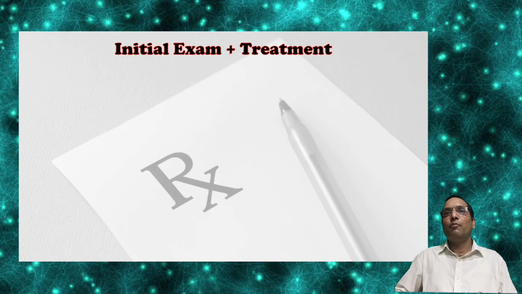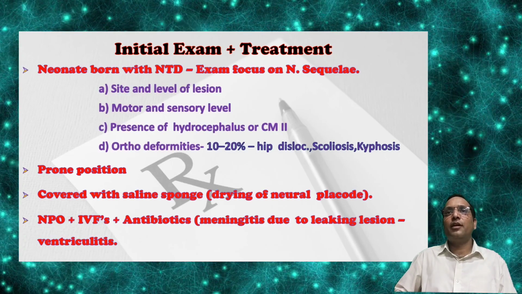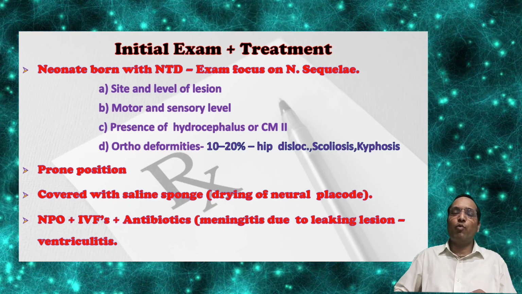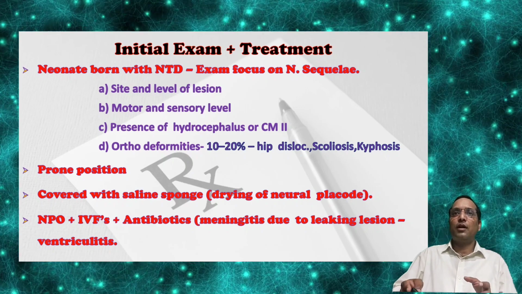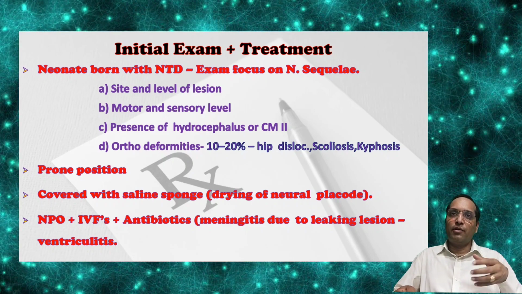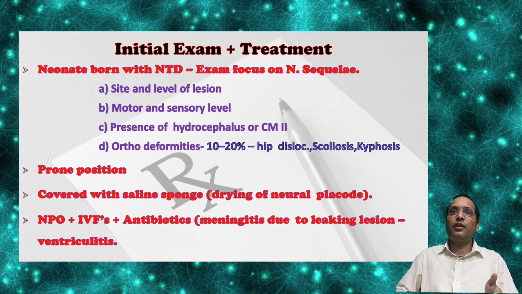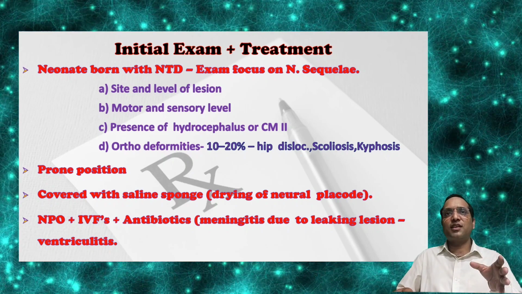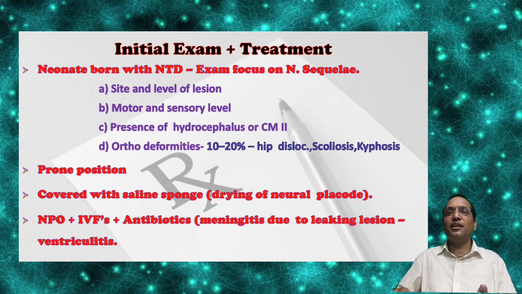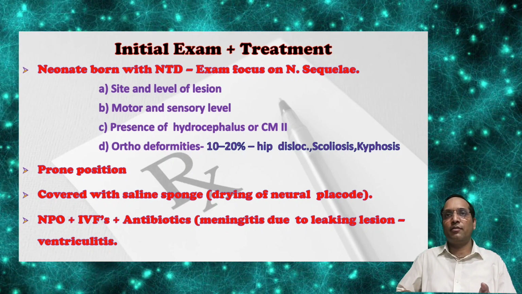Initially we should examine the patient and decide what treatment should be given. In a neonate born with a neural tube defect, we should focus on the neurological sequelae at the site and level of the lesion. What is the site and what is the level of the lesion? Is there any motor or sensory defect?